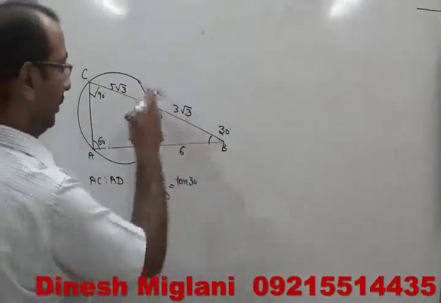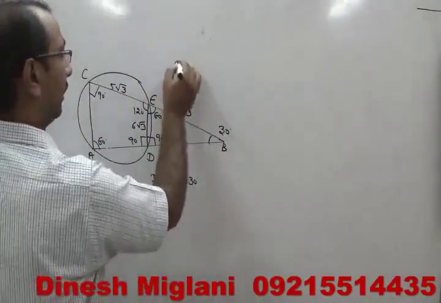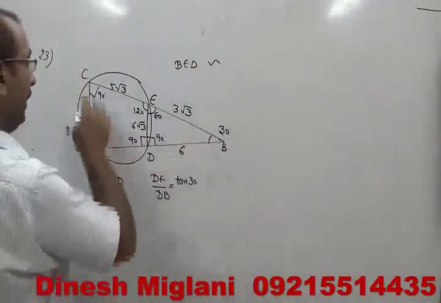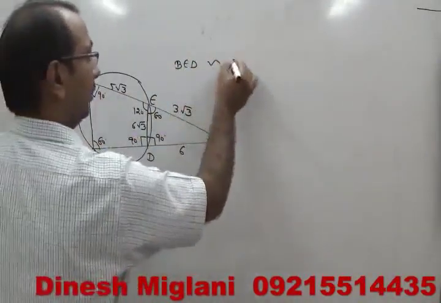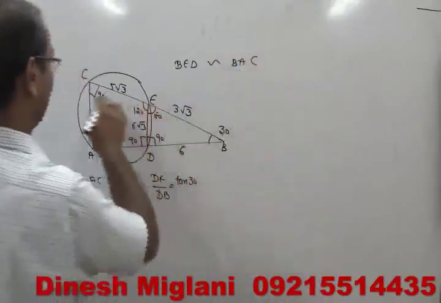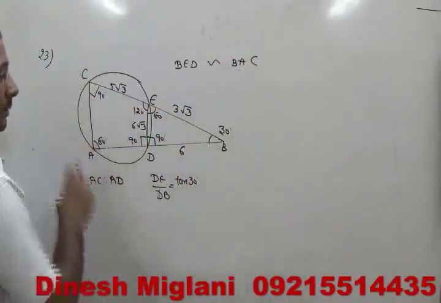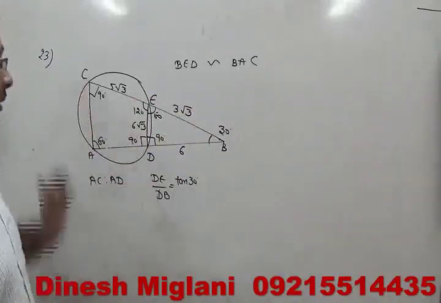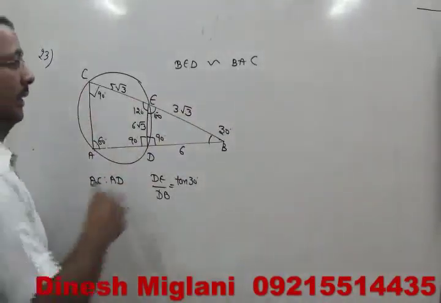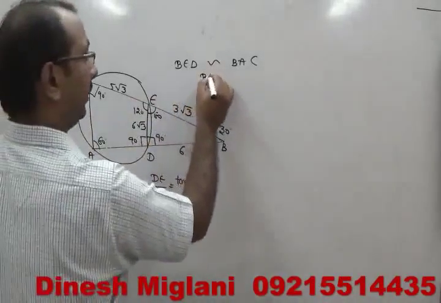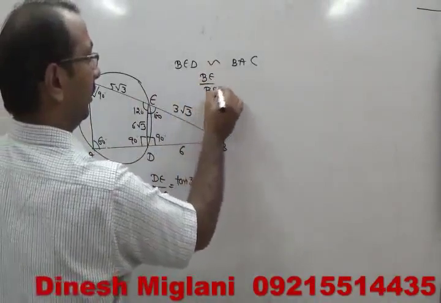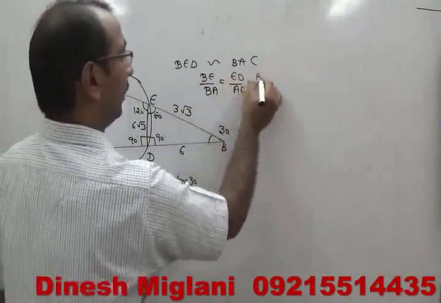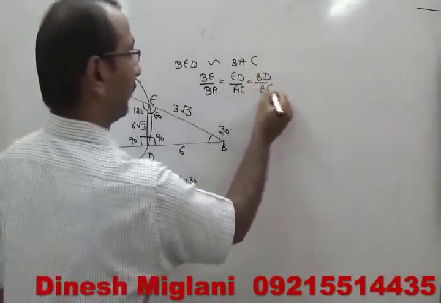I may say that triangle BED is similar to triangle BAC, because angle E is equal to angle A and angle D is equal to angle C. From there I may infer that BE upon BA equals ED upon AC equals BD upon BC.